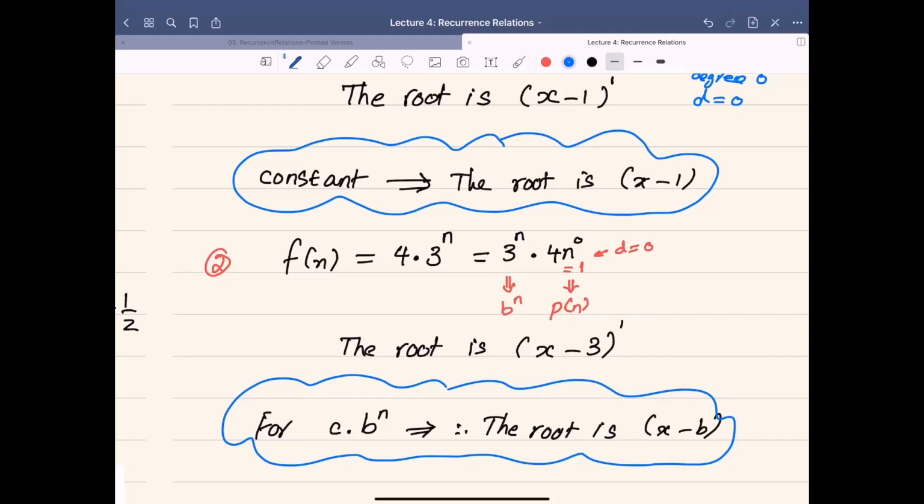So if it's a constant, the root is x minus 1, and if it is exponential multiplied by a constant, it will be x minus b. So if we have 7 raised to power n, it will be x minus 7.